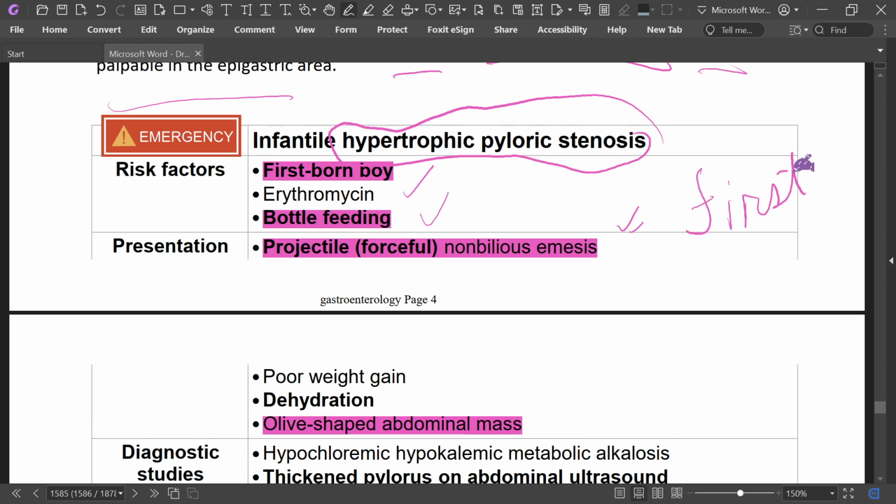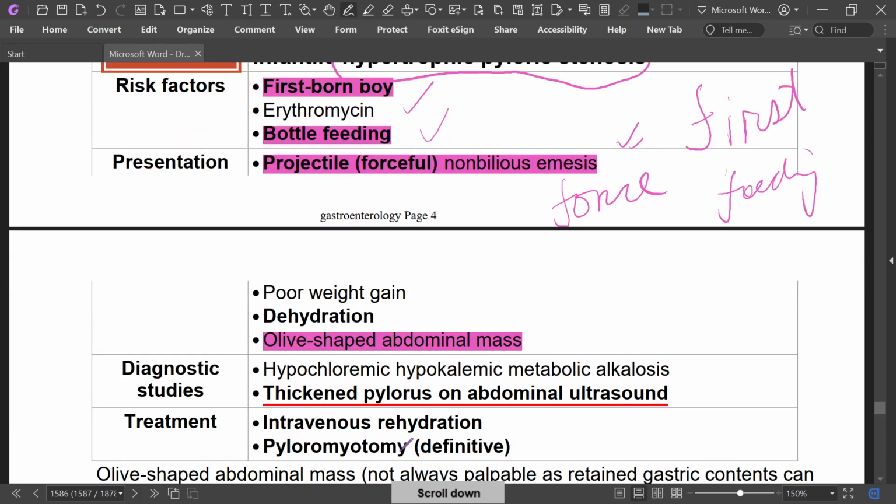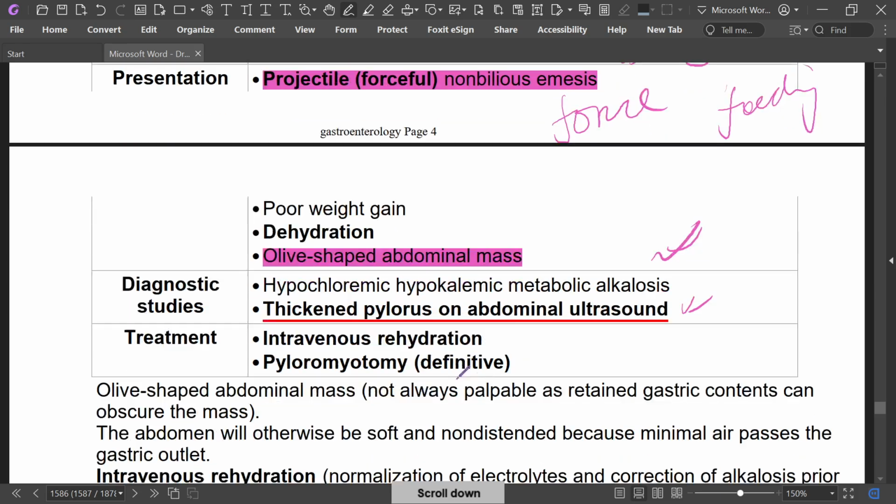There is hypochloremic, hypokalemic metabolic alkalosis, and a thickened pylorus on abdominal ultrasound. Treatment is IV rehydration and pyloromyotomy.